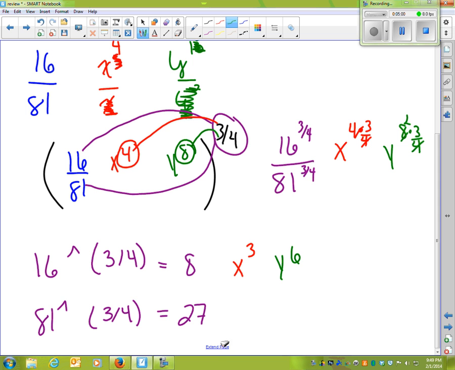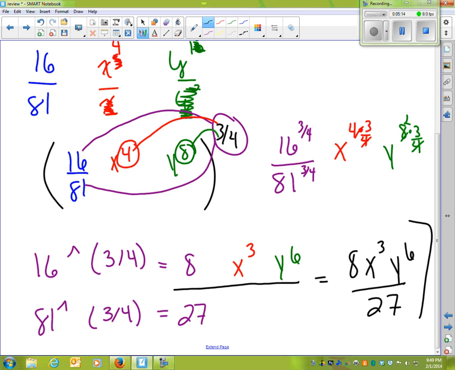Let's bring everything together in our final answer. 27 here is still in the denominator, so it's 8x cubed y to the 6th all over 27. So as you tackle this problem, try to look at each portion individually. Look at your numbers, look at your x's, look at your y's, simplify what's inside parentheses, and then distribute your power.